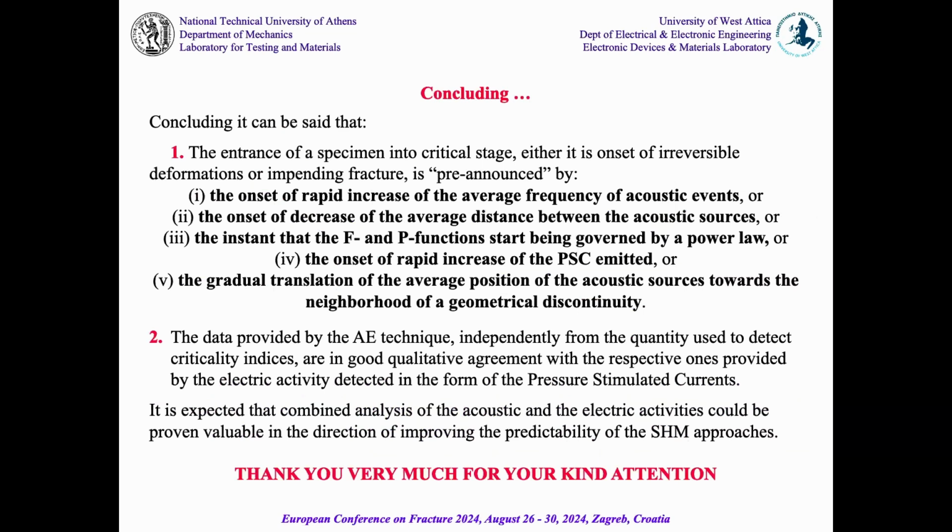So I think that this is the end for the moment, and the main conclusion is that all 4 or 5 quantities discussed, the function F, the frequency of events, the function P, the energy of the events, the function D, the inter-event distance, and the electric current, reveal that we can predict upcoming failure.